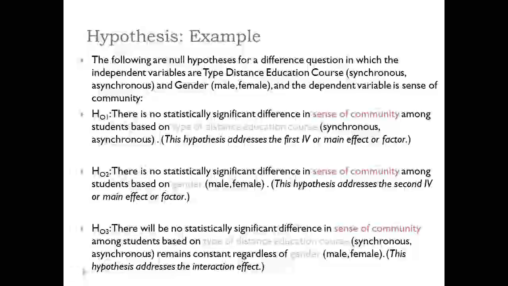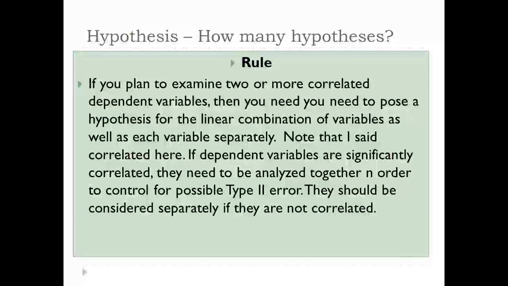Now we've talked about independent variables, let's take a moment and talk about dependent variables. The rule for multiple dependent variables is a little bit different. And the only time, this is really important, the only time you combine hypotheses for dependent variables is when you plan to examine 2 or more correlated dependent variables.